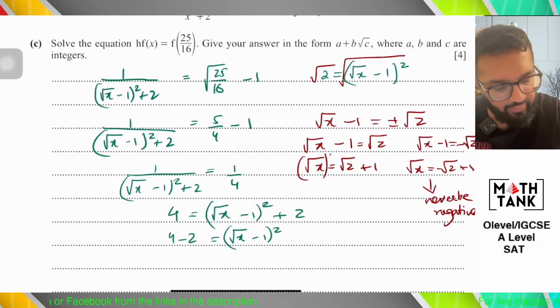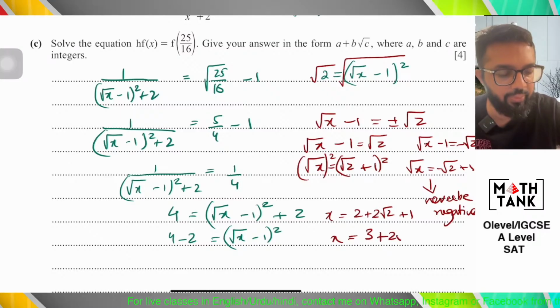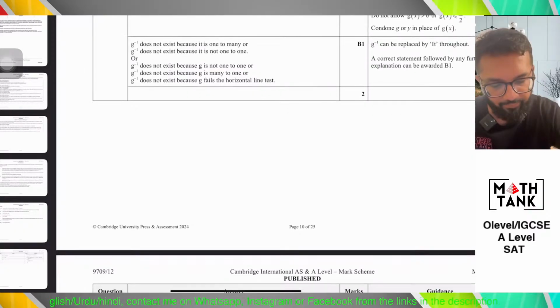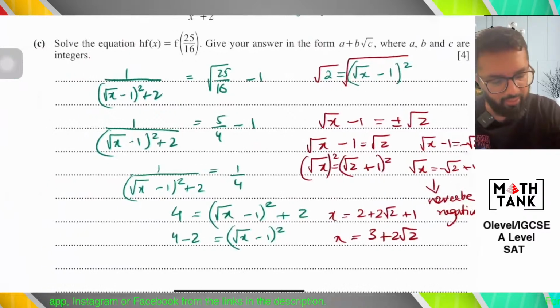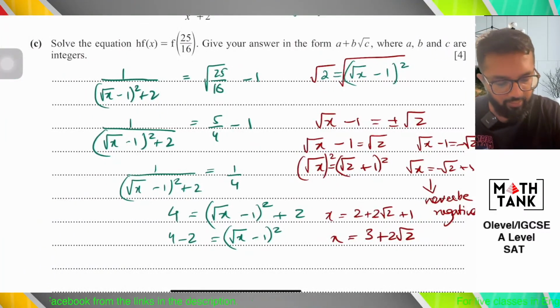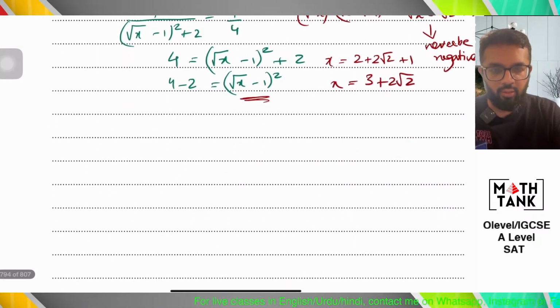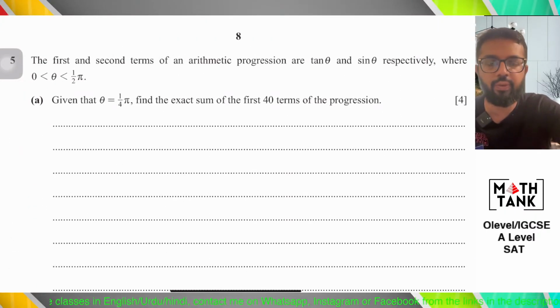I will simplify this and square both sides. I have probably done this in a more complicated way than needed, but I think I am getting the correct answer. I think it would have been easier had you opened this up and turned it into a disguised quadratic and then solved further. Okay. Let's see question number 5 after this.